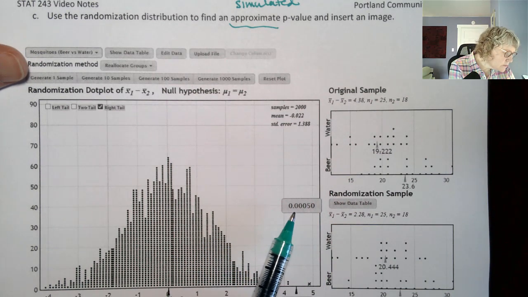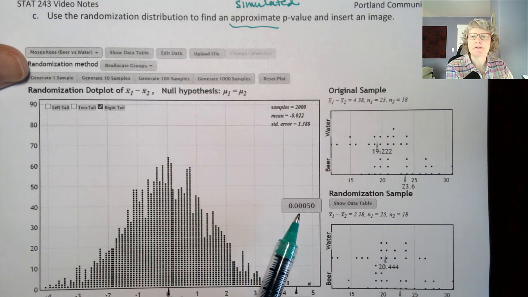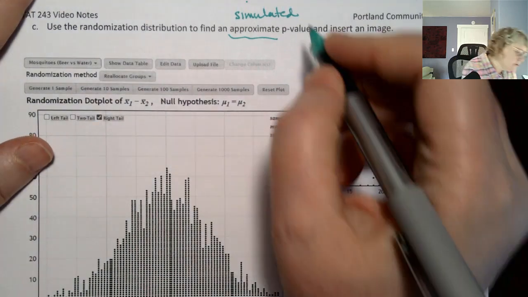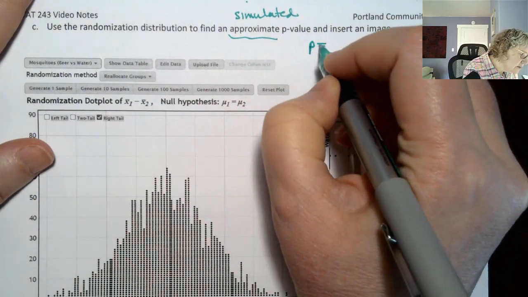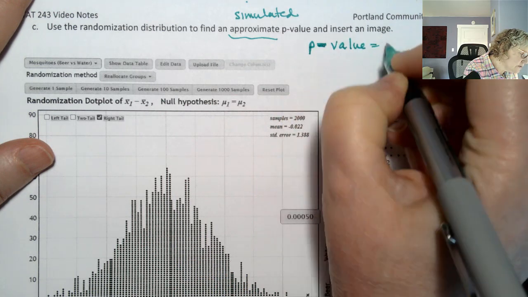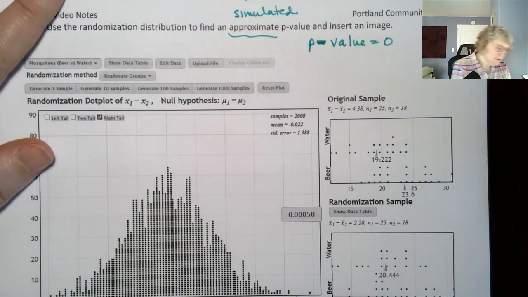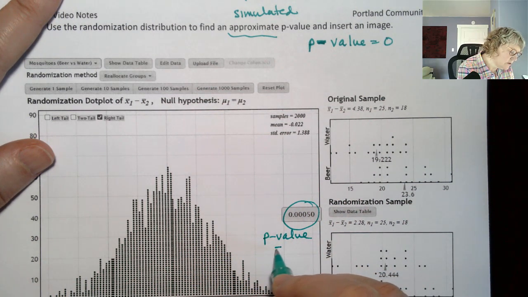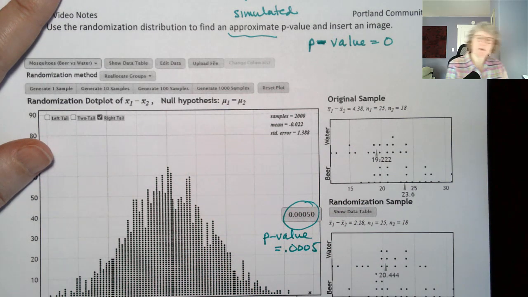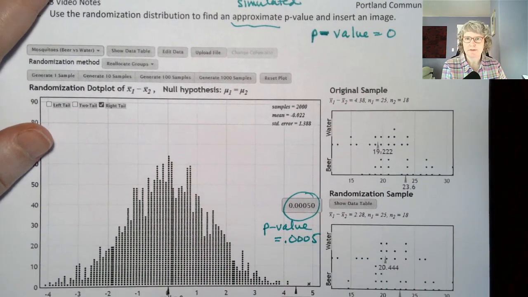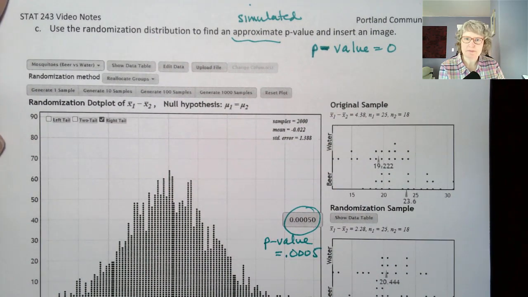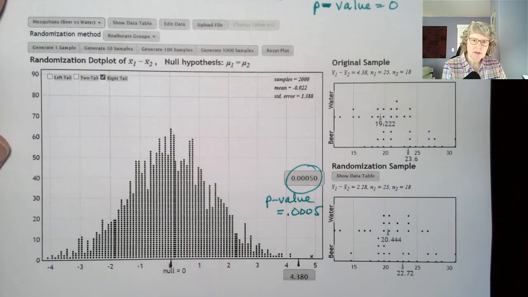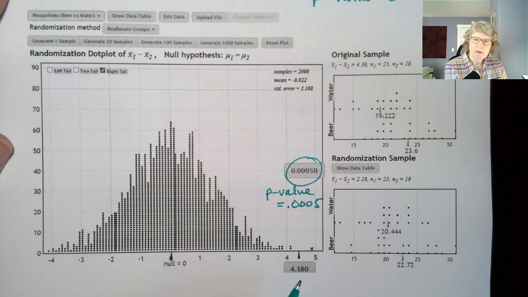And so the p-value is 0.0005. Very, very small, right? So I got 2 different p-values. P-value equals 0 in one simulation, and I'm also going to circle it right here so you know, that's the p-value, 0.005. So that was a different one. Okay, these are both very, very strong evidence, right? Very significant. Okay, great. So there is the distribution, and you can see here I put in the 4.38.